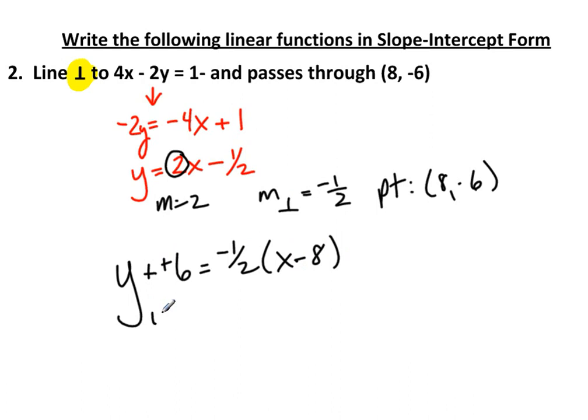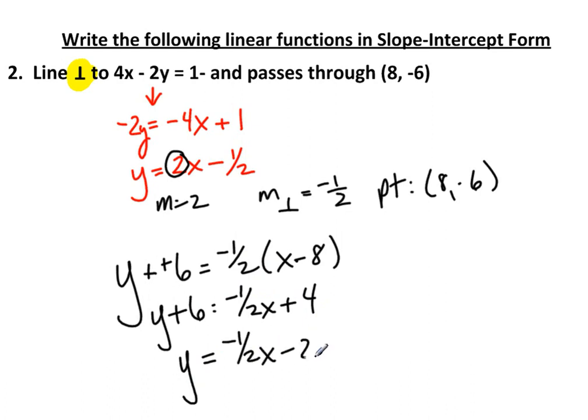I'll make this a plus. Y plus 6 equals, distribute the negative 1 half. Negative 1 half times negative 8 is a positive 4. And then I'm just going to subtract 6 from both sides, which gives me y equals negative 1 half x minus 2.